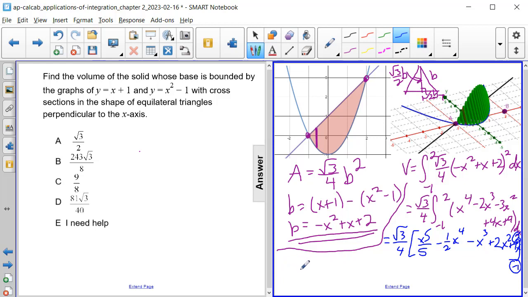And when we do evaluate that, we're going to end up having still the square root of 3 over 4 times, we'll have 32 fifths minus, if I put 2 in here, I get 16, and half of 16 is 8, so we have minus 8. Then we have another subtraction.